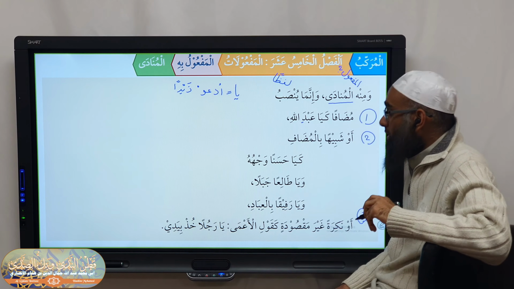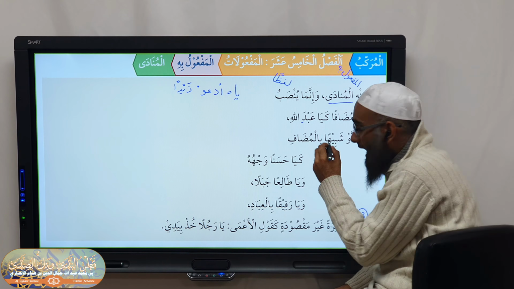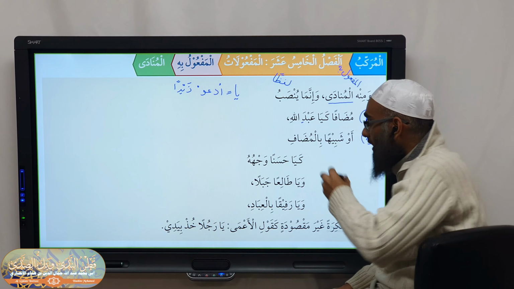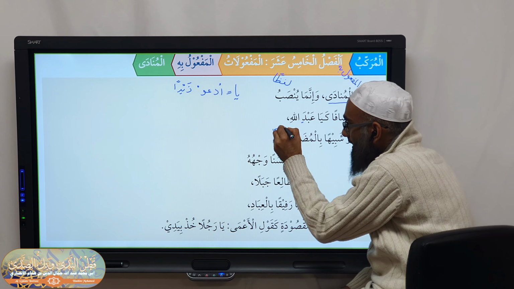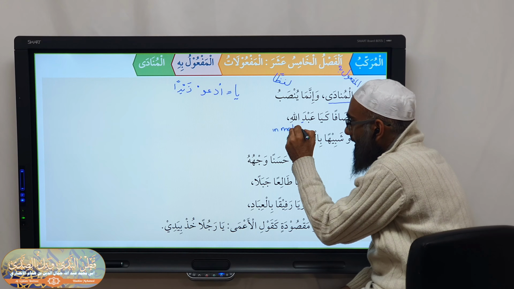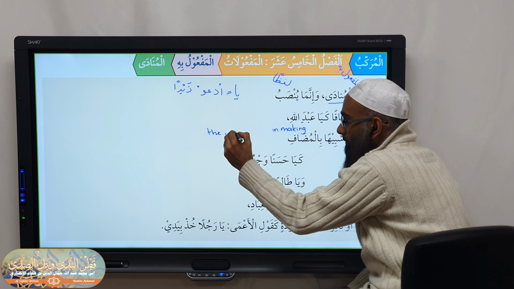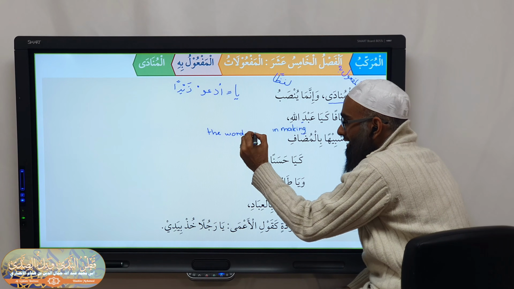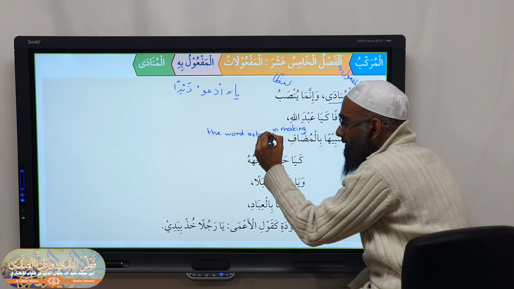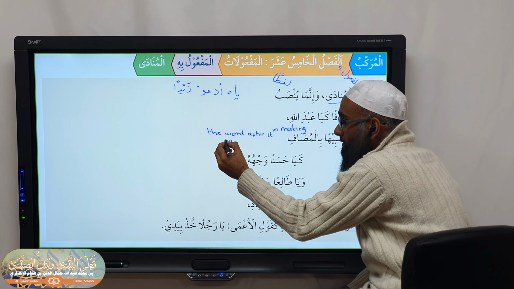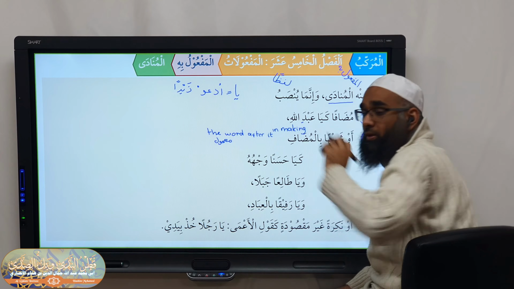So shabihun bil mudaf means any word which resembles the mudaf. How? In making the word after it ma'mul, or governing the word after it.